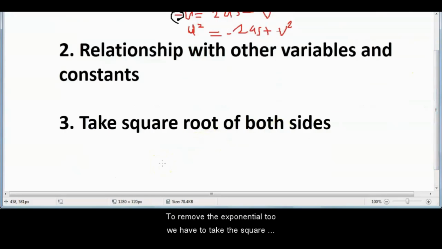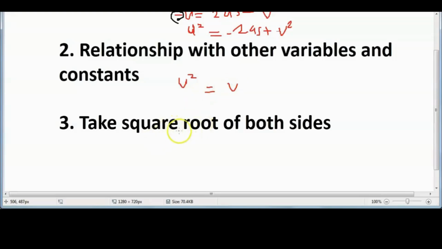So this will now become u square equals v square minus 2as. Take the square root of both sides.